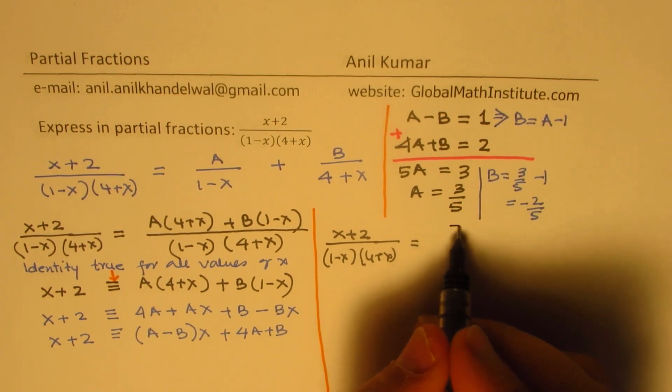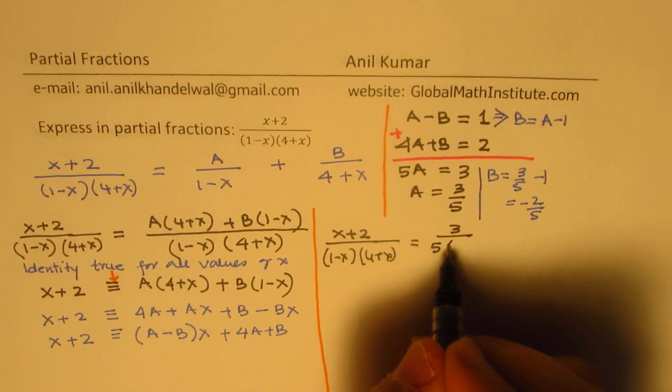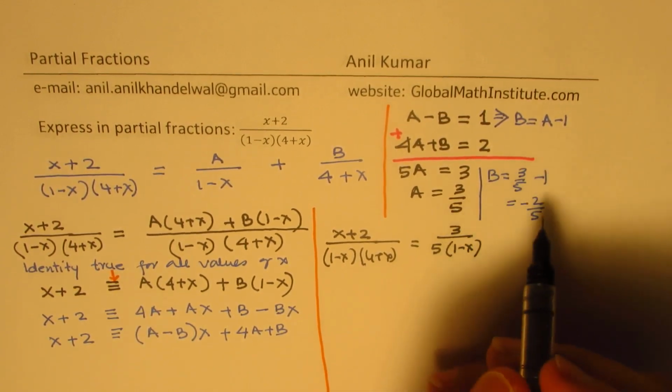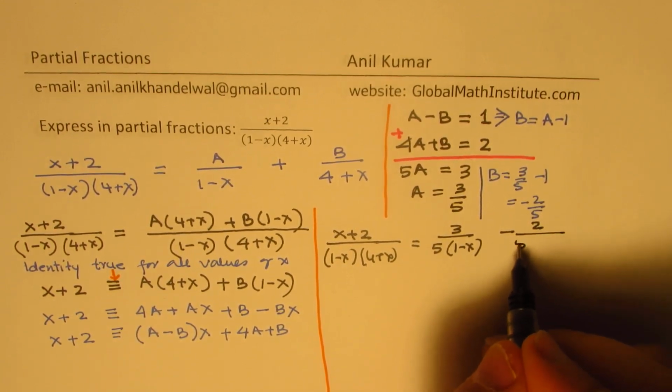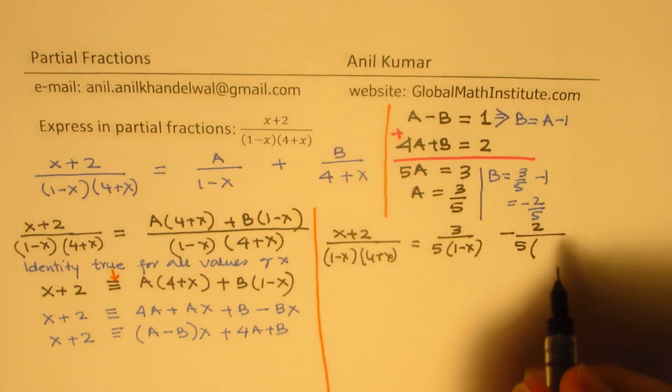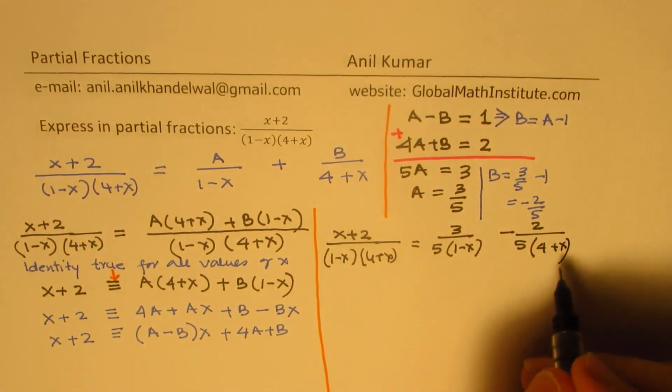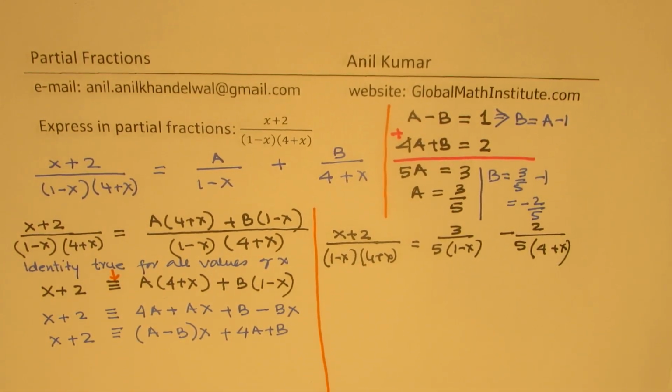So we get 3 over 5 times 1 minus x. And b is minus 2 over 5, so we get minus 2 over 5 times 4 plus x. Perfect. So that is how you could actually get your solution. So I hope the steps are absolutely clear.